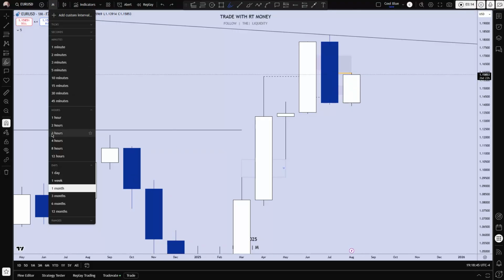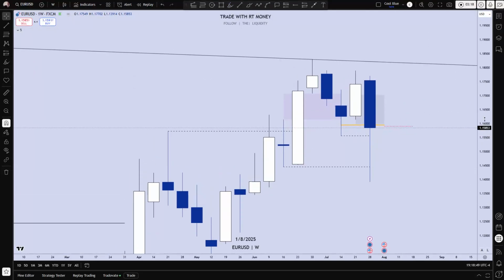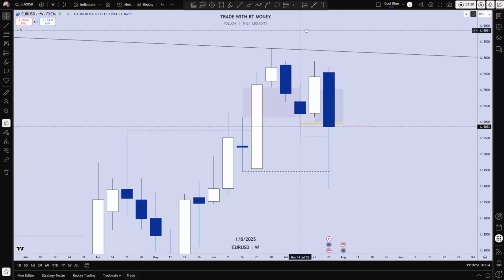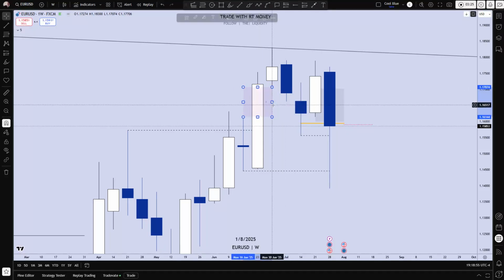Let's go down to the weekly. And in the weekly, what we see at the resistance line of this descending channel is we had a bullish fair value gap. A legitimate one because the closing candle closed above the high of the previous candle.